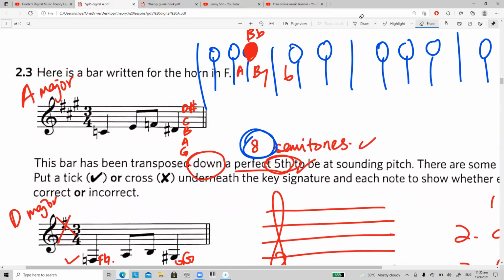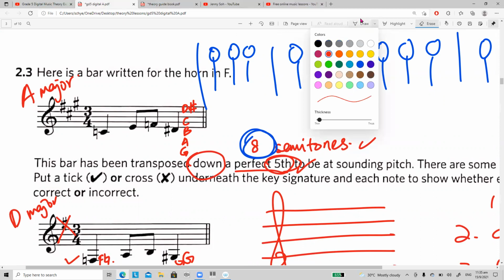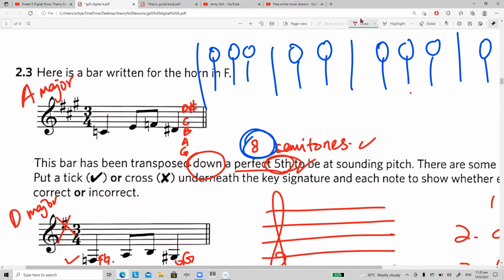So starting from D sharp. Okay, D sharp is here. D sharp is 1, 2, 3, 4, 5, 6, 7, 8. Okay, so it's on the black keys again.